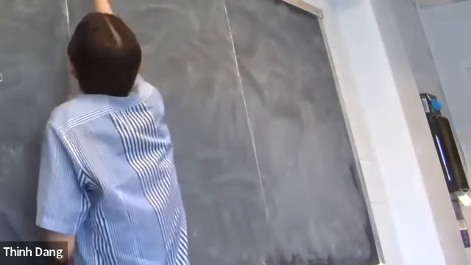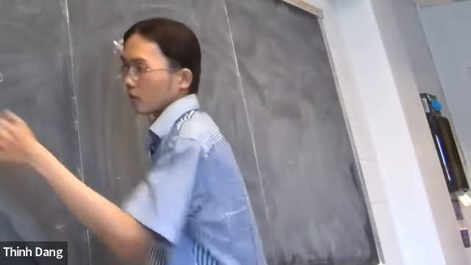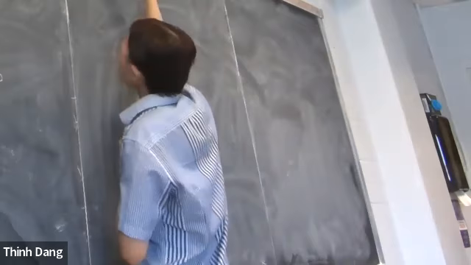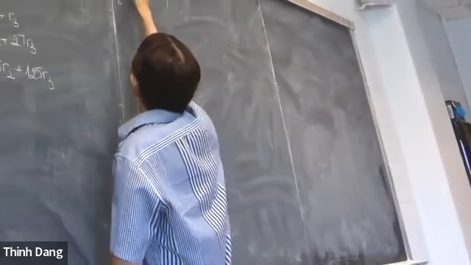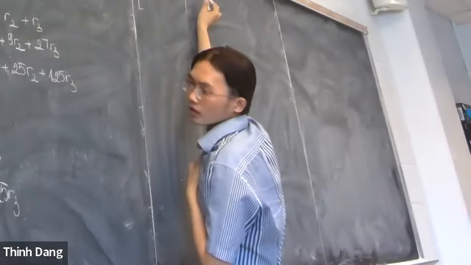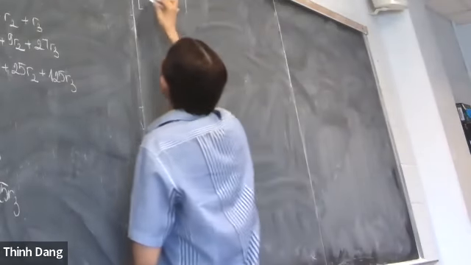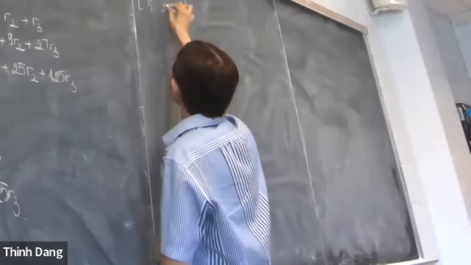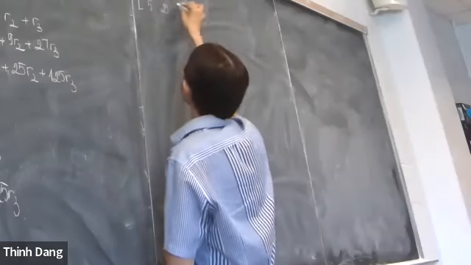So here the augmented matrix is 1 1 1 1, 1 3 9 27 21, 1 5 25 125 65.